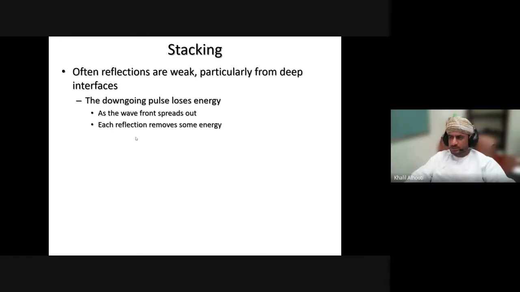So let's start talking about something else, stacking. The last time we were talking about velocity analysis, determination of velocities. And during the last lab, we discussed also how we can determine velocities. The way we were doing it was manual.